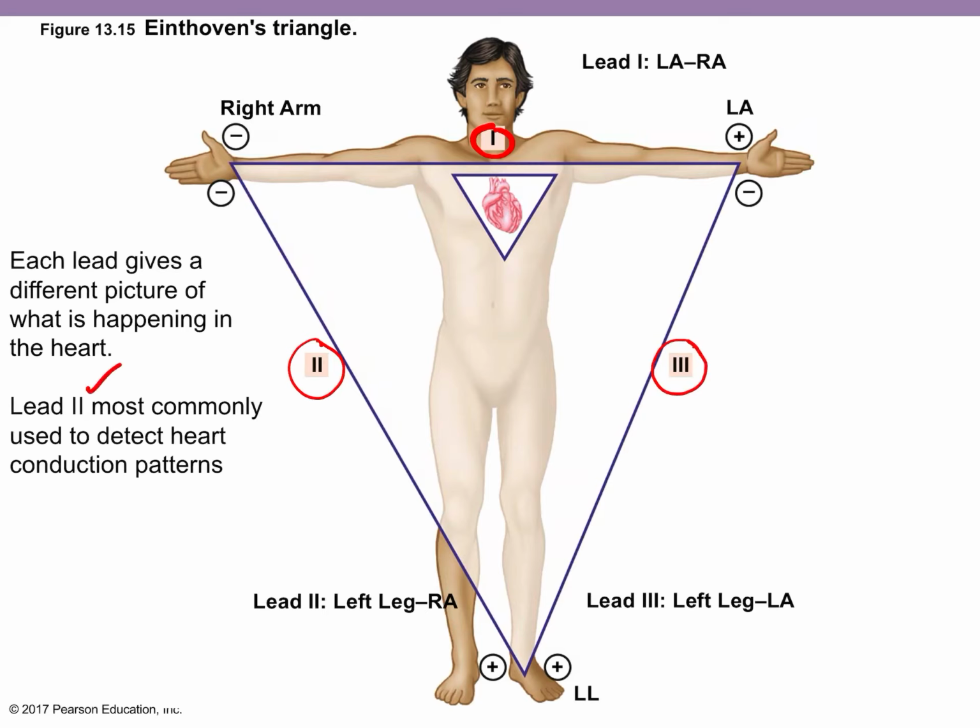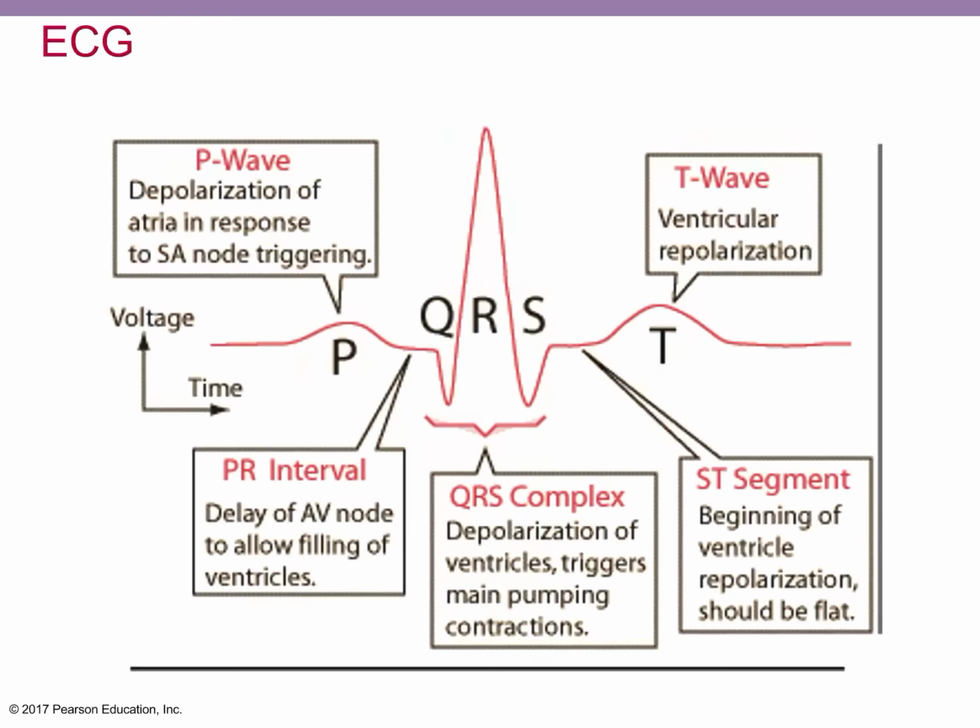Now, we're only going to look at what's happening in lead 2. This is the most common one to give you that regular heartbeat wave, even though all these leads will give you a variation of the same kind of wave. So this is our ECG, and you're going to want to know basically what each little bump means. So first of all, we'll start with the P wave.